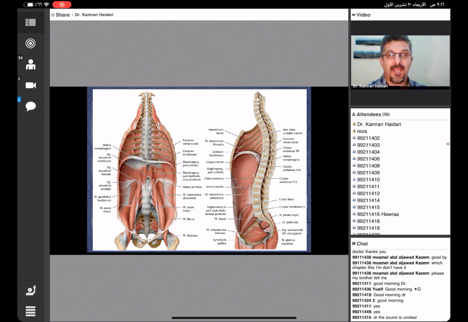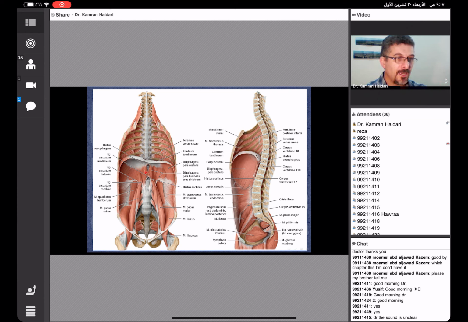It arises from the internal surface of the lower ribs, and some attachments arise from the vertebral column by two crura, the right one and the left one.